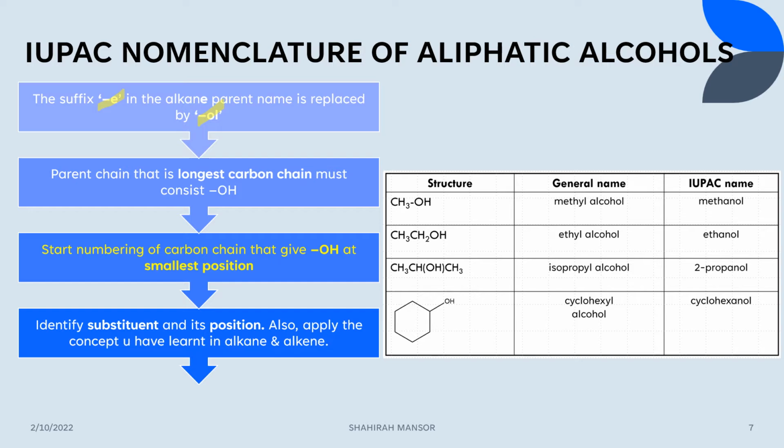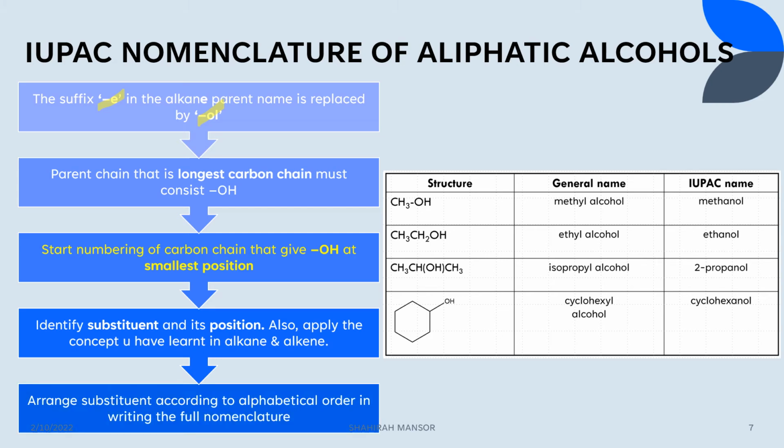Then identify substituents at their positions, also applying the concept that you have learned in alkane and alkene. And arrange substituents according to alphabetical order when you write the full nomenclature. Yang di sebelah kanan ini adalah beberapa contoh penamaan untuk alkohol, in both general name dan juga IUPAC name.